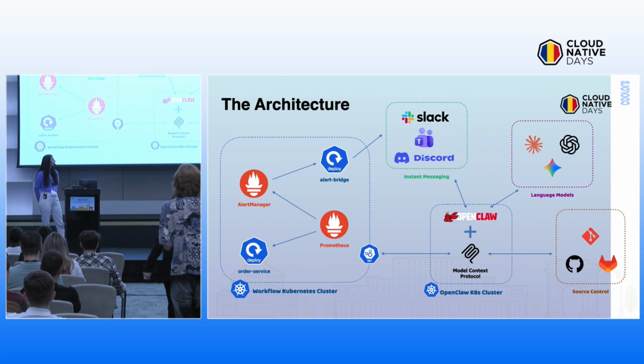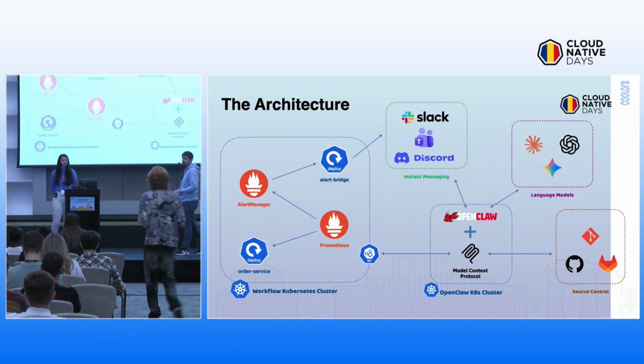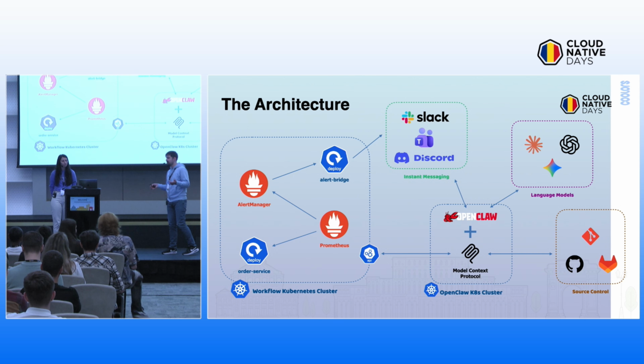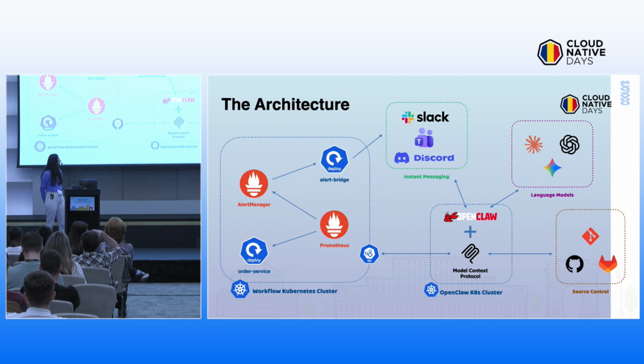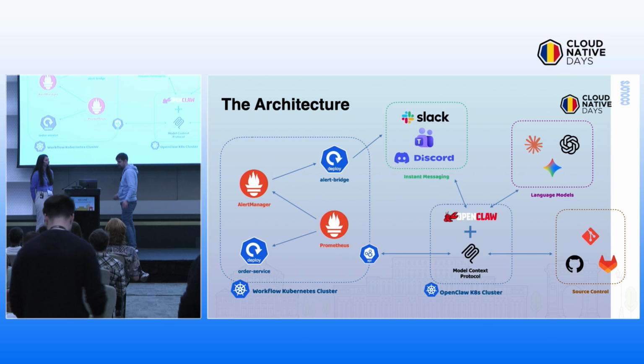OpenClaw monitors the instant messaging application, picks up the alert in question, and then uses one of the LLMs available out there to process that alert along with information from the MCP context to troubleshoot it, figure out a possible solution, and even send a pull request to one of our source control systems. In our case, that's GitHub.